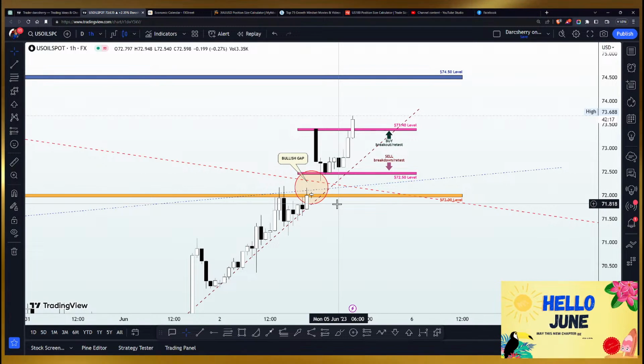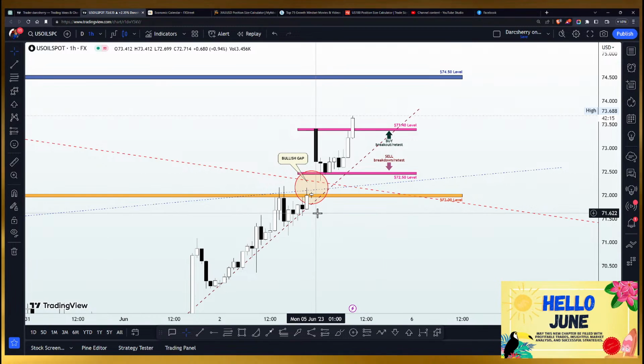Please bear with me. So we had a 100 to 120 pips bullish gap here, which is a sign that during the course of the weekend there was voluminous trading activity which supported a bullish move. And if you recall, we expected OPEC Plus to have a meeting on Saturday and Sunday, which I'm yet to get a highlight on.